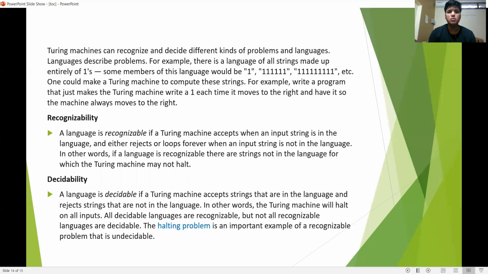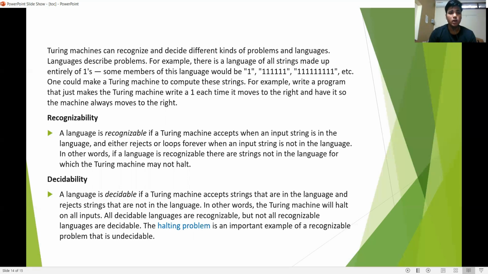One could make a Turing machine to compute these strings. For example, write a program that just makes the Turing machine write a 1 each time it moves to the right, and have it do so; the machine always moves to the right.